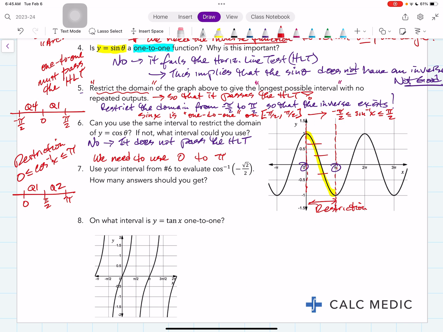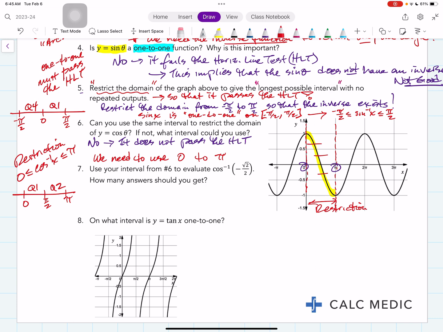Cosine's negative in quadrants 2 and 3. As I said before, the inverse cosine function is restricted to quadrant 1 or 2, and so in this case, it's got to be a quadrant 2 angle.